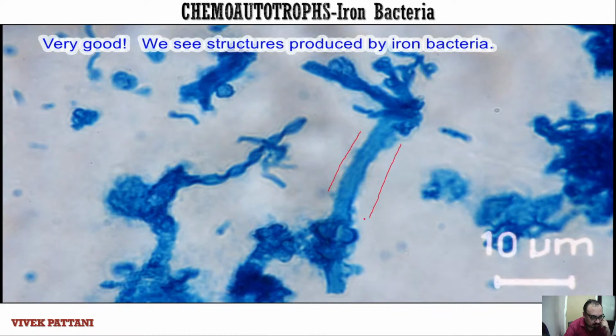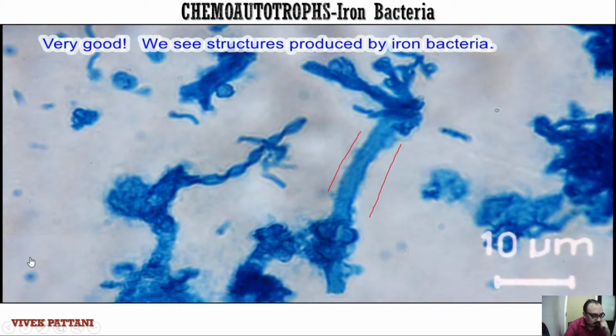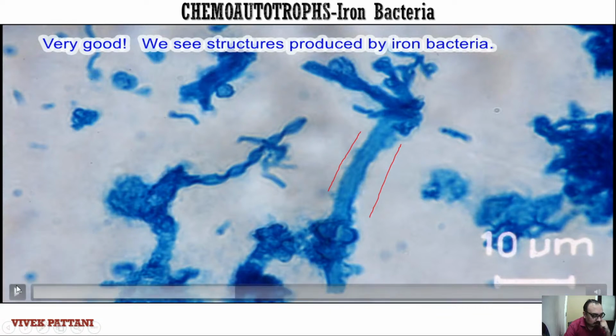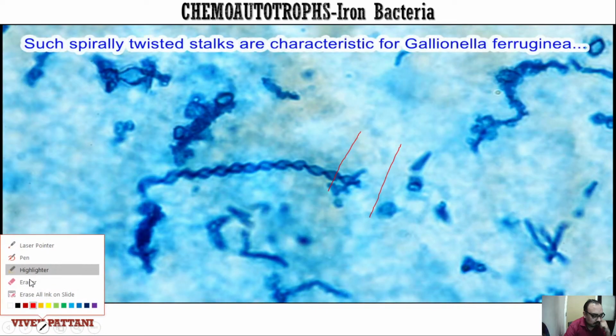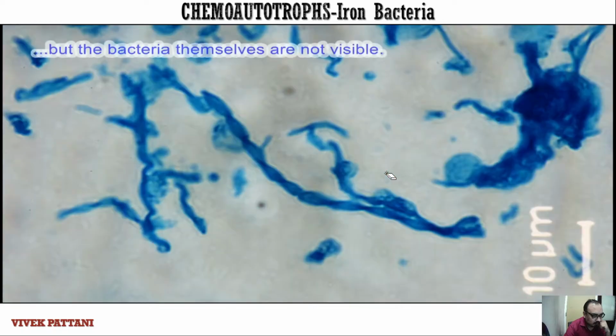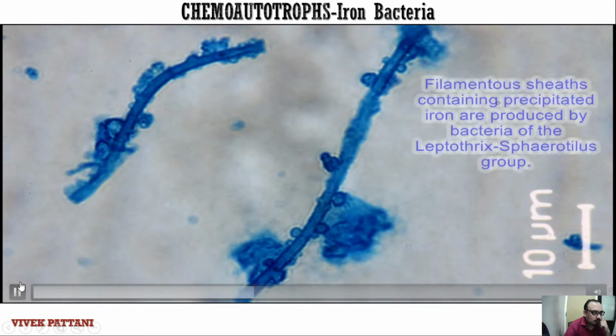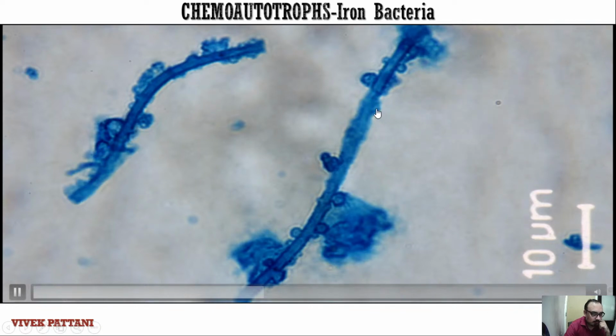You can see the stalks present which are being produced by the iron bacteria. You can clearly see the sheath covered around it.